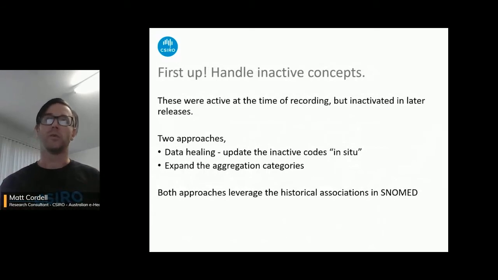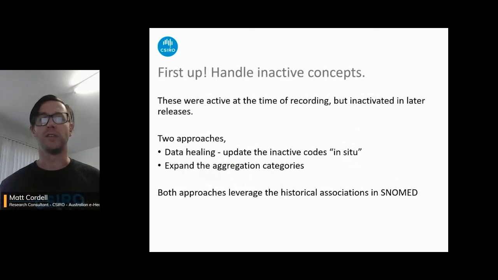So we identify the inactive codes, find suitable replacements, and do that within the data set. And the other approach is to expand the aggregation categories to include codes that may have been included in them in the past. So it's either updating the data or updating the category.